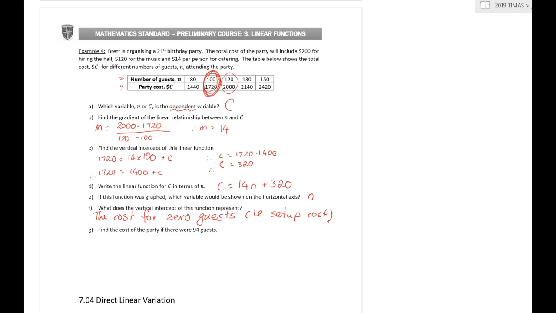Find the cost of the party if there were 94 guests. Well, I just put n equals 94, that's my input, and my output is going to be the cost of the party. So my cost is equal to, here's my formula, 14 times 94 plus 320. There's my substitution. I need to evaluate this. Am I going to do that in my head? No, I'm going to pause and get my calculator.